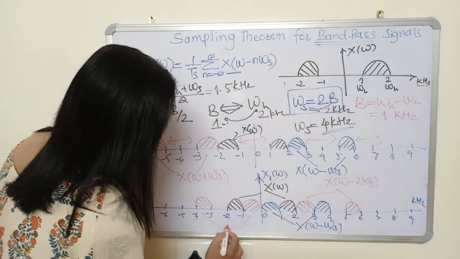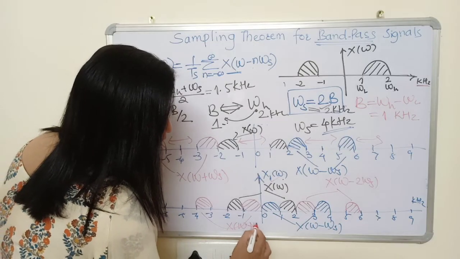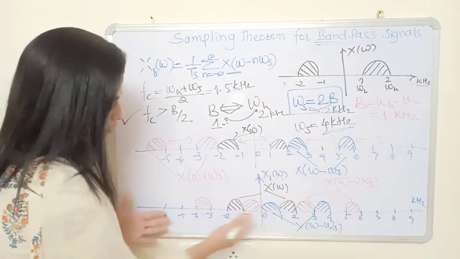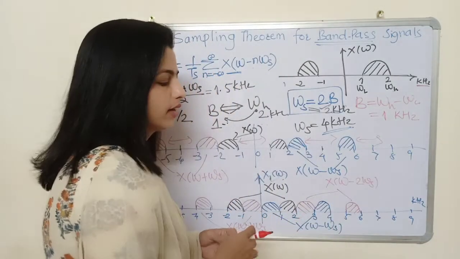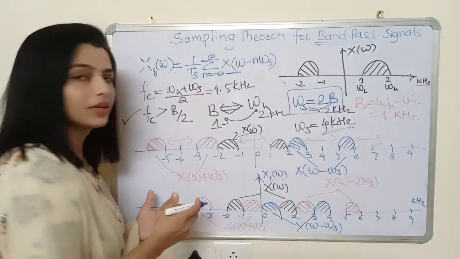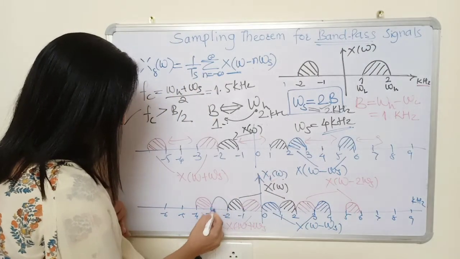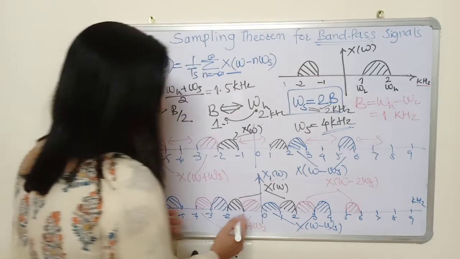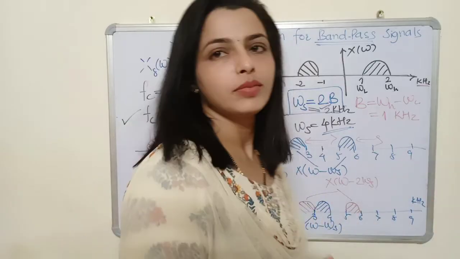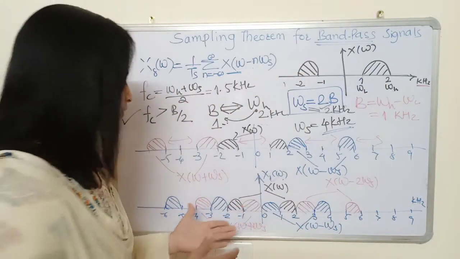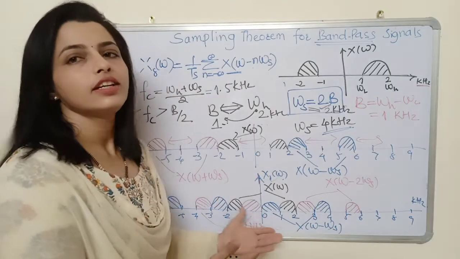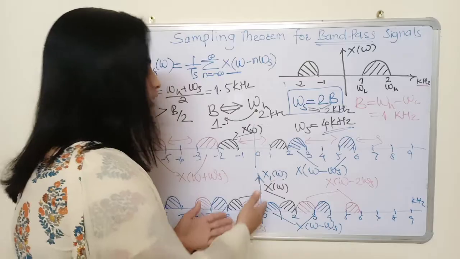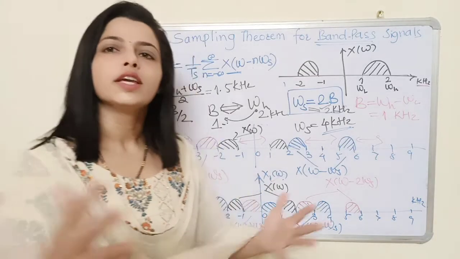So this is x of omega plus omega s. If we go on drawing the images like this, we can complete the spectrum, and we are able to see that there is no crossing between the original spectrum and the images.